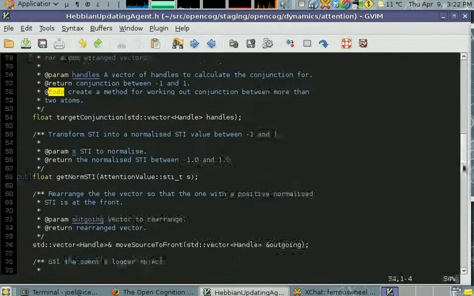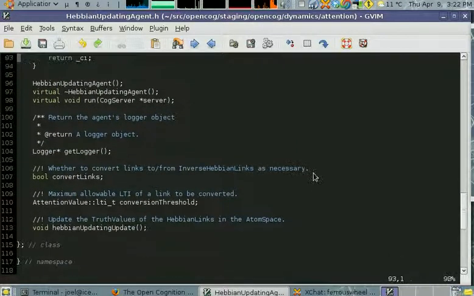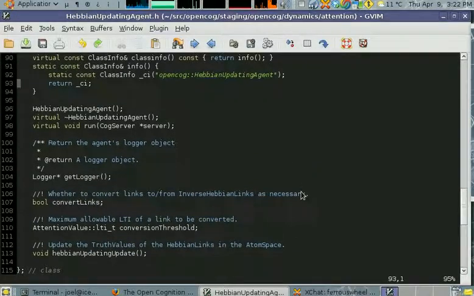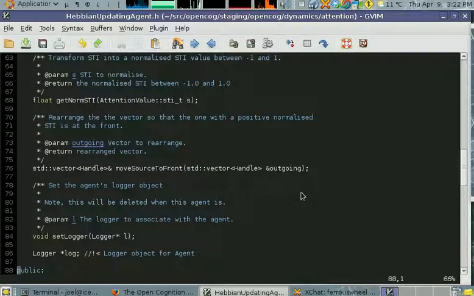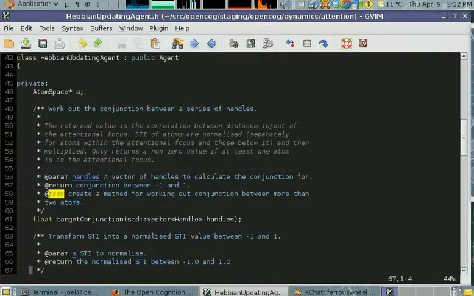Basically the way it works, you've got the standard interface for run, which the server calls, and then it grabs all the Hebbian links and works out something called the conjunction, which is a value between -1 and 1. So it's basically a correlation as well. If both atoms have the maximum STI that's been seen in the system, then you'd have a full conjunction of 1.